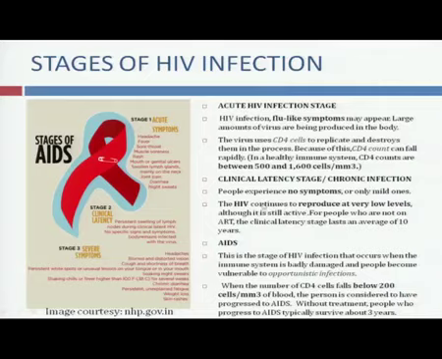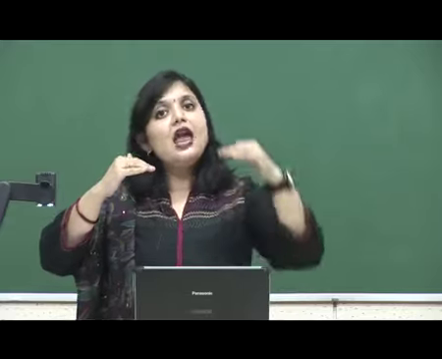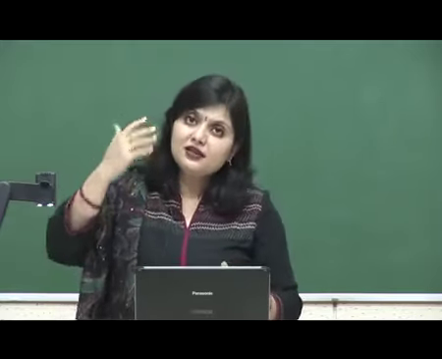After this comes the clinical latency stage. What happens here? The people experience no symptoms, or if they are present, they are only mild ones. What is happening inside the body? Actually, at this stage a balance has been achieved between the infectious HIV and the CD4 cells. The HIV is still replicating, but at a very low level.